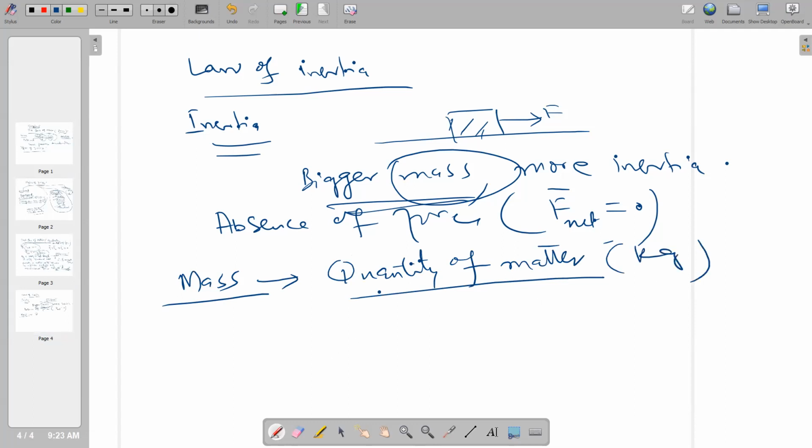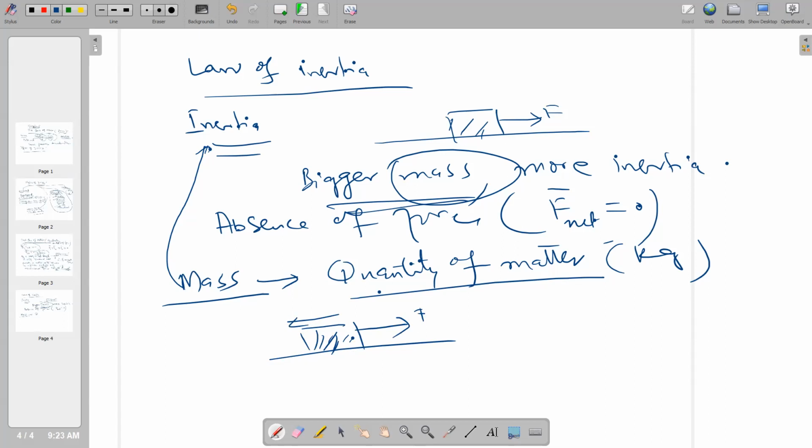But this property, mass, is that property of an object that specifies how much resistance an object exhibits. So mass is actually the inertia. If you have this block and you apply a force, initially you can see that this block will oppose the applied force, and this is due to the inertia or the mass.